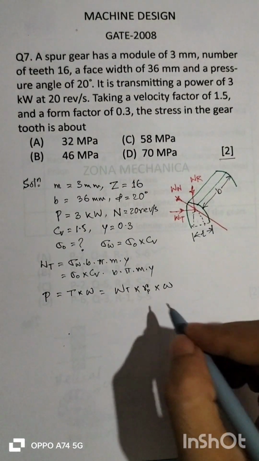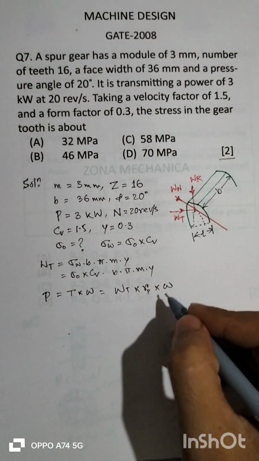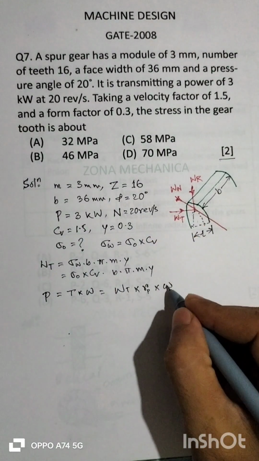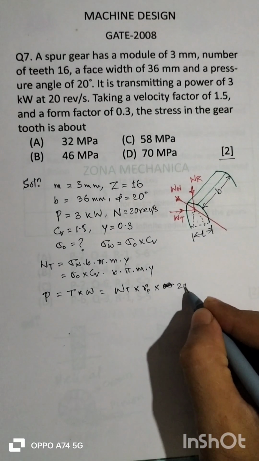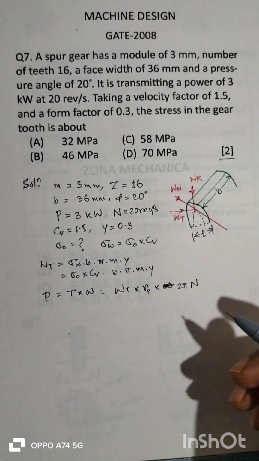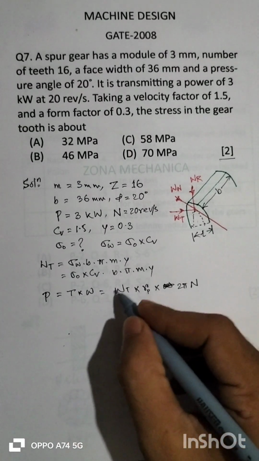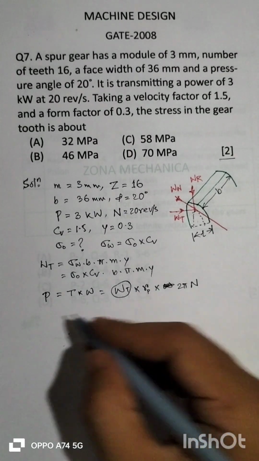Omega we know: the speed n is given, so omega is 2 pi n in rad per second. From here we can get this Wt.